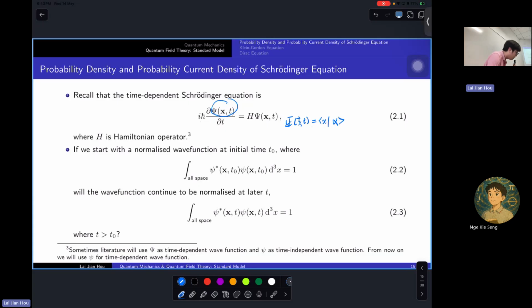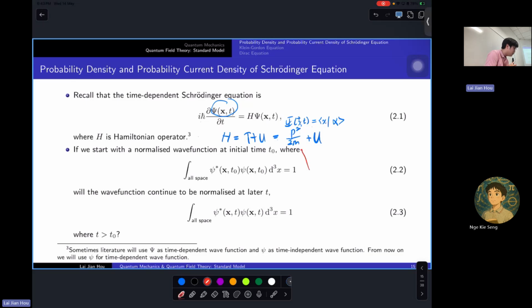So it is equal to T plus U, where the kinetic energy part can be expressed with the momentum operator as p squared over 2m, plus the potential.